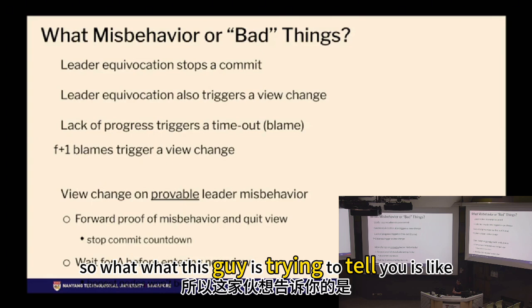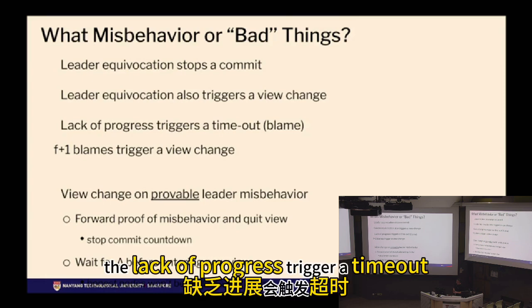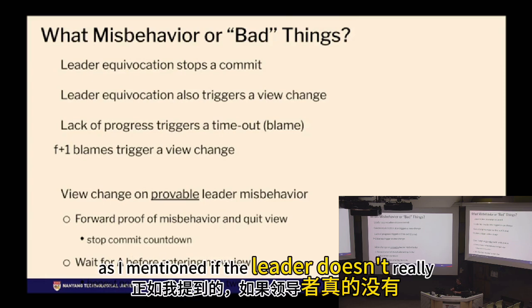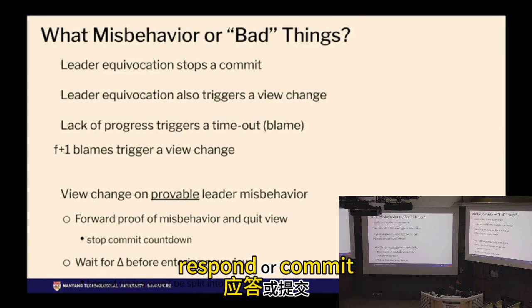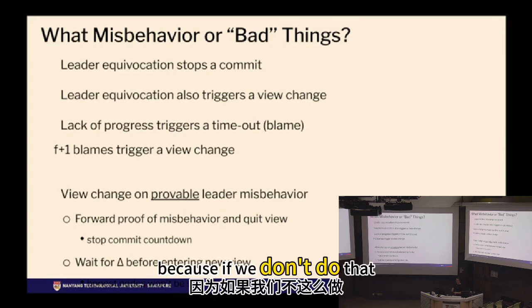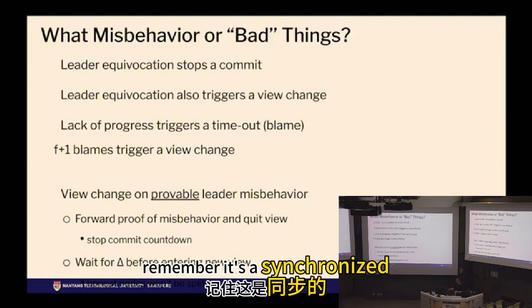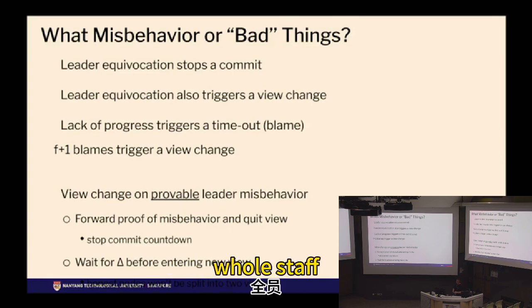So what this slide is trying to tell you is that lack of progress triggers a timeout. As I mentioned, if the leader doesn't respond or commit, a new leader needs to be elected. Because if we don't do that, we can't guarantee the bounded time. Remember, it's a synchronous HotStuff.